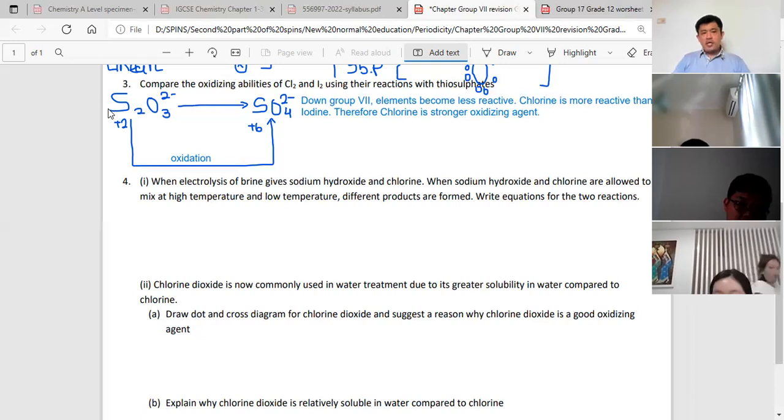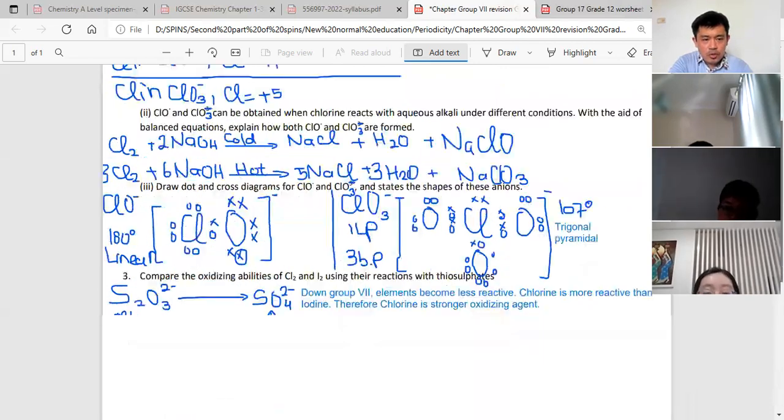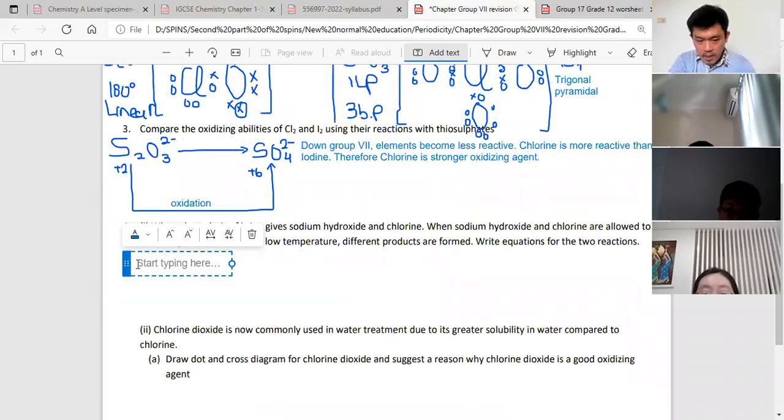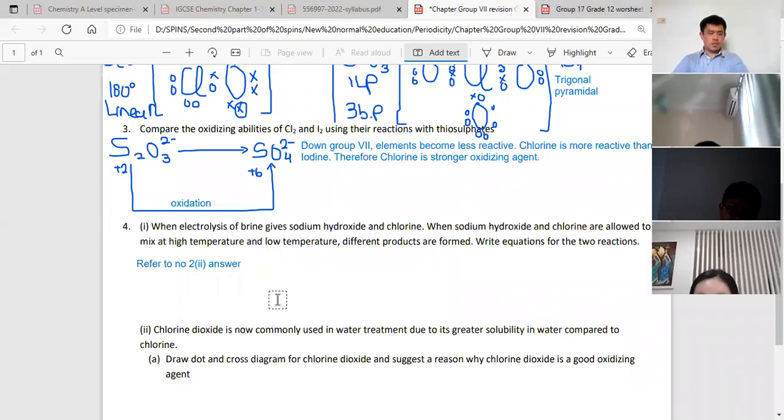These two reactions we did already in number 2, so we can refer to number 2, part 2 answer. They have the same for the hot: hot will form chlorate(V), but cold will form chlorate(I). Okay, next.